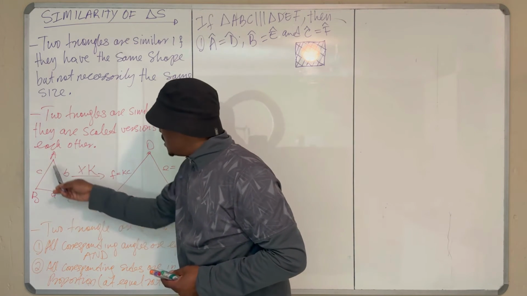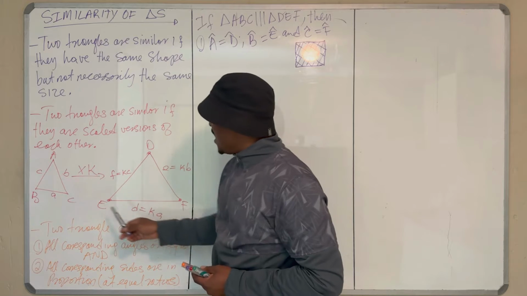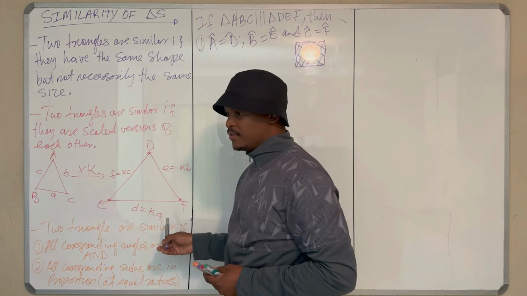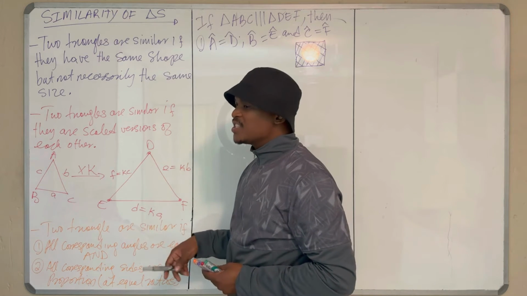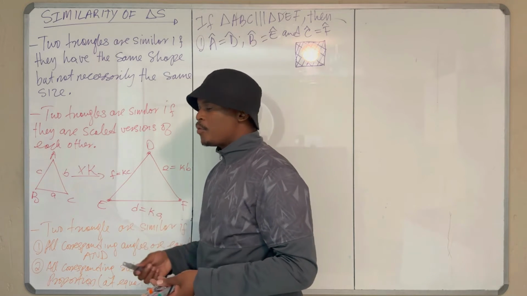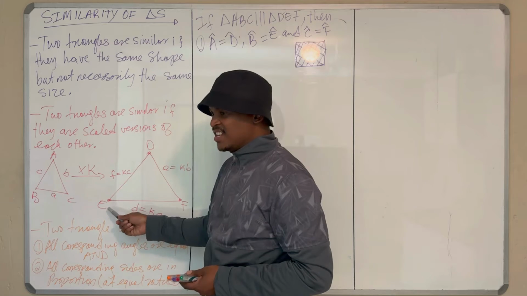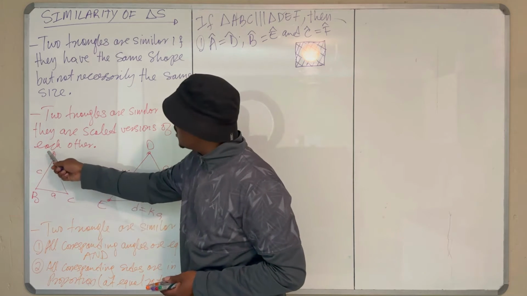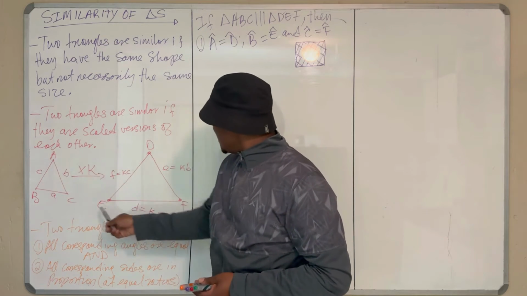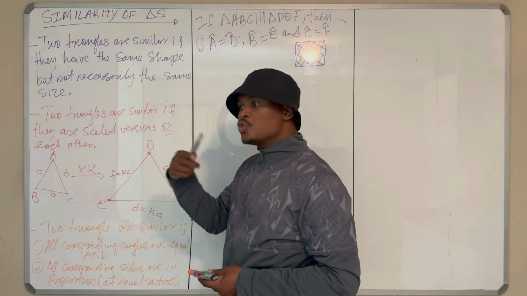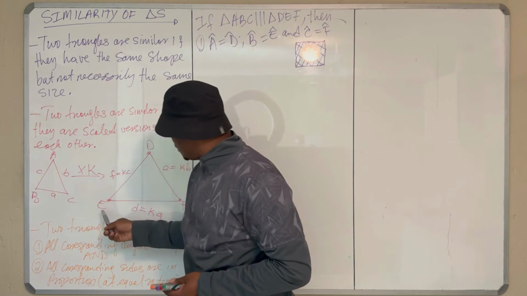And your AC became DF, and your BC became EF. So, if you're saying the corresponding sides are in proportion, which means if you take the ratio of AB to that of DE, it should be the same as if you take that of AC to DF, which should also be the same as that of BC to EF.